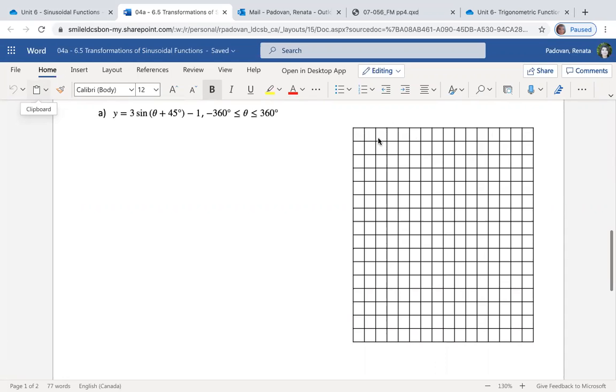So 1, 2, 3, 4, 5, 6, 7, 8 on each side. Okay, so then I'm just going to get a thicker line here to draw from my y-axis.